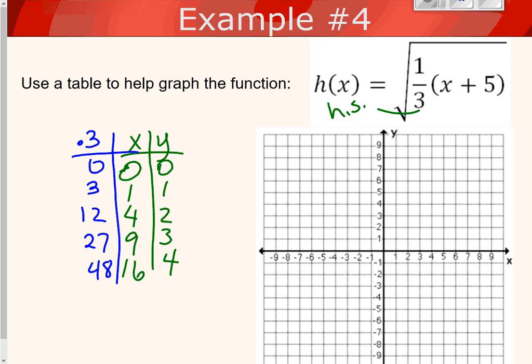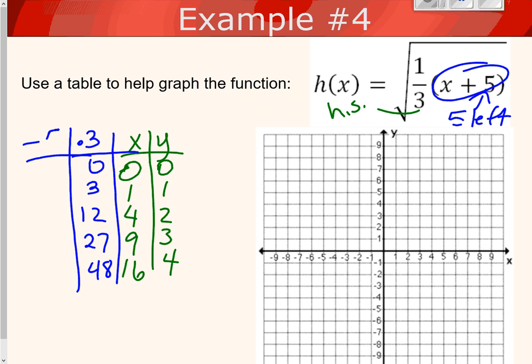And then I see I have this plus 5, but it's inside the brackets. So that's actually going to go 5 to the left. So again, over here on my x's, I'm going to subtract 5.